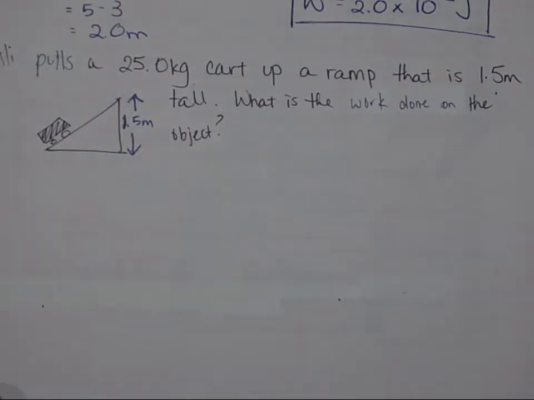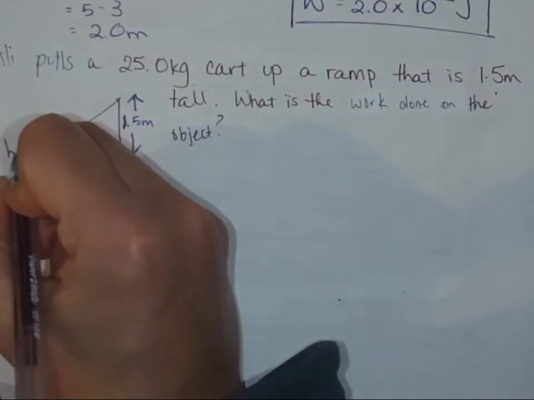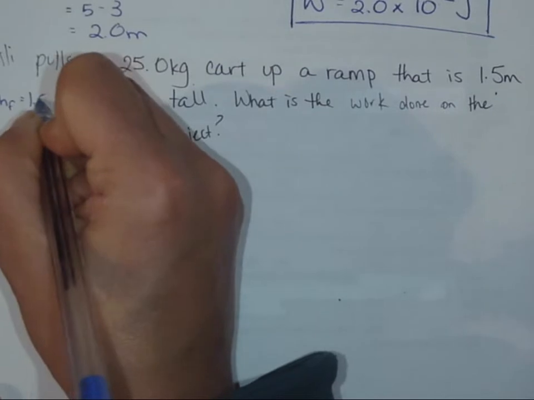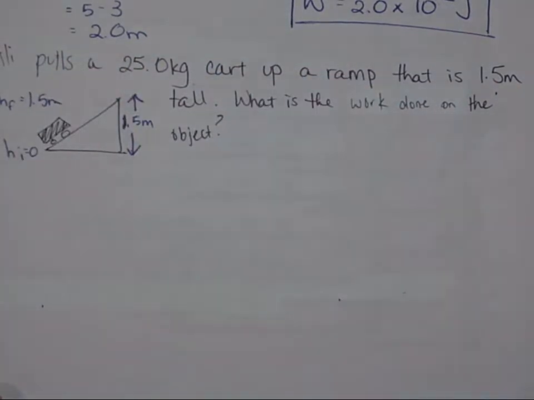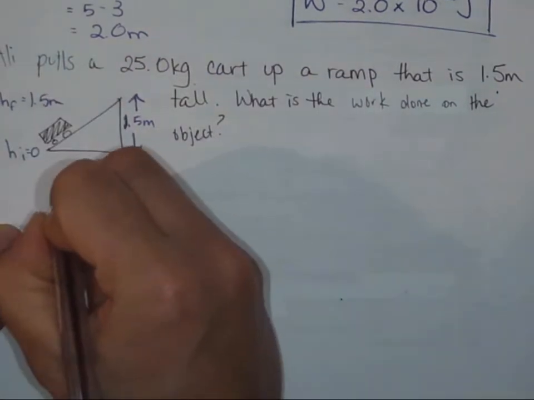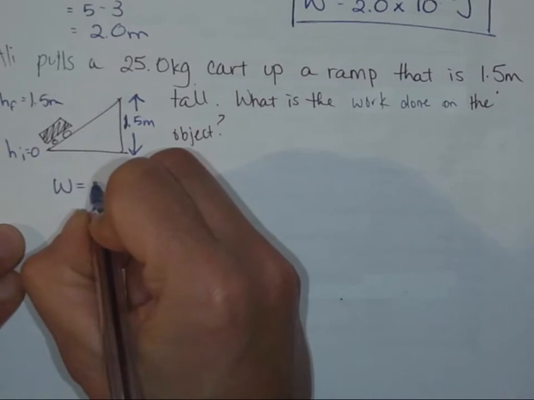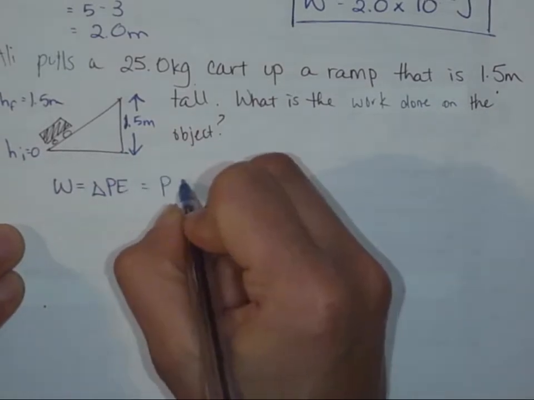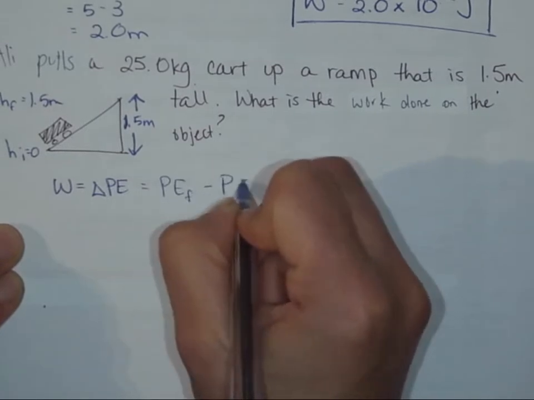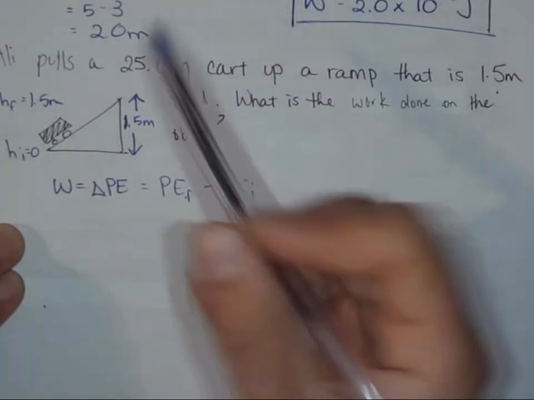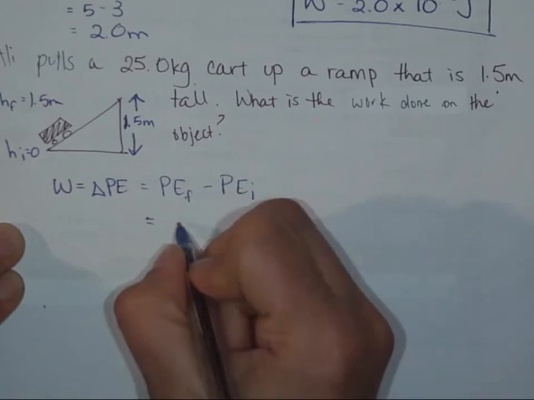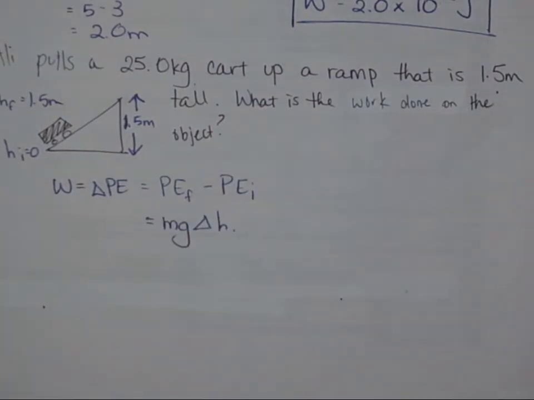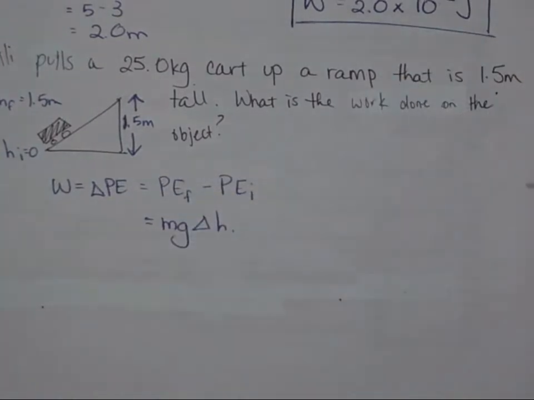In this case, we are going from an initial height of 0 to a final height of 1.5 meters. So we can go back to what we did before, which is work equals change in potential energy, which is final potential energy minus the initial potential energy. And all the work I did up top led me to say mg delta h.